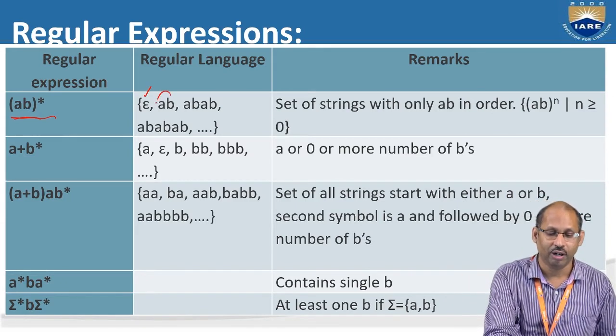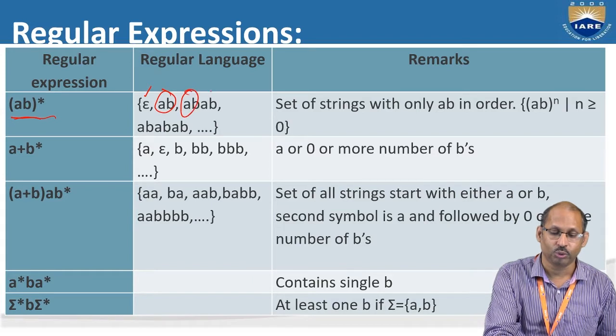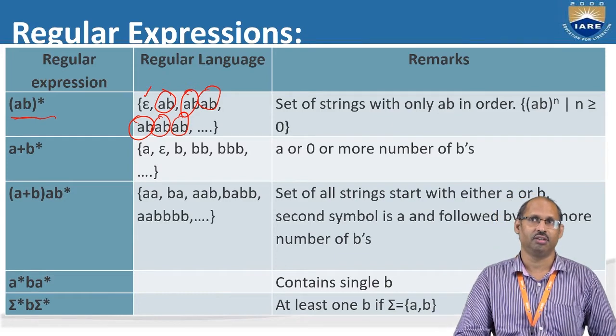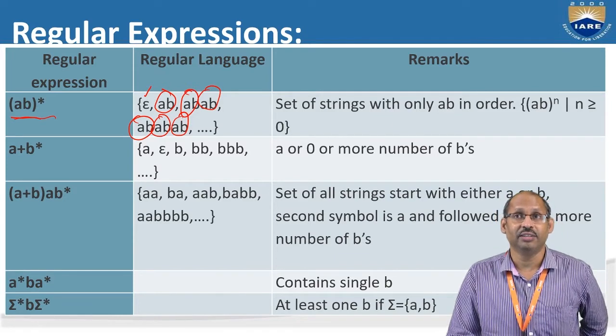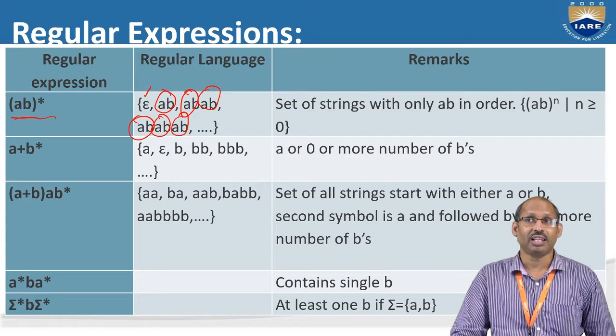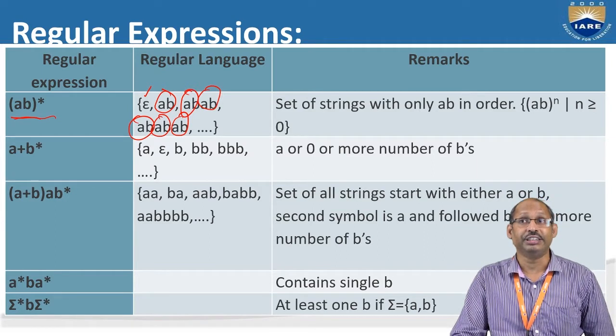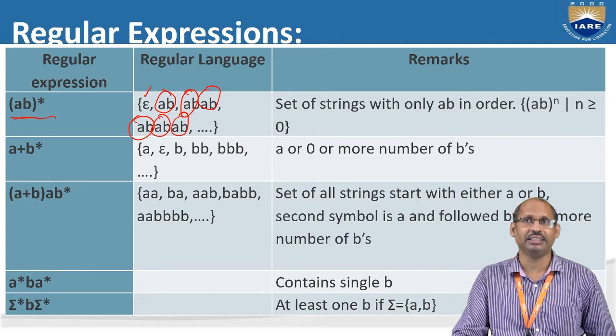Epsilon, single AB, two ABs, three ABs, and so on. It is a set of strings such that there are 0 or more occurrences of AB.